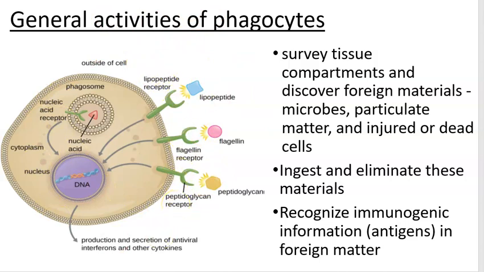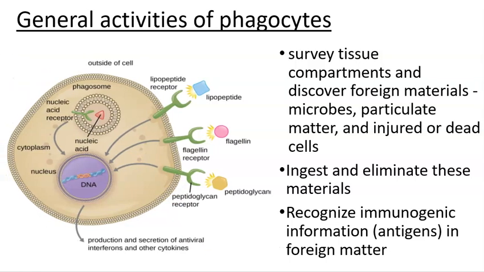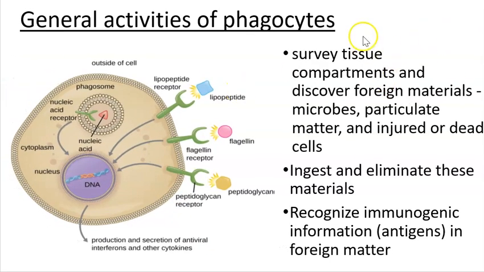Well, what role do these phagocytic white blood cells, these macrophages that are distributed throughout your body, both in tissues and circulating, what are they going to do? Effectively, they are kind of like cops. They are going around into the tissue compartments. They're going around in the fluids in your body, and they are holding out their little hands to bind to these foreign materials that are out there.